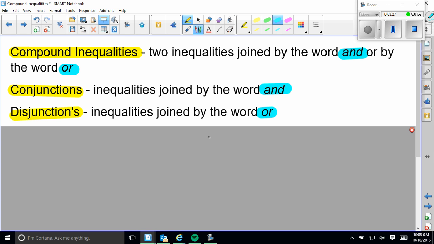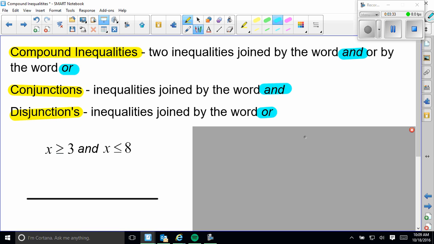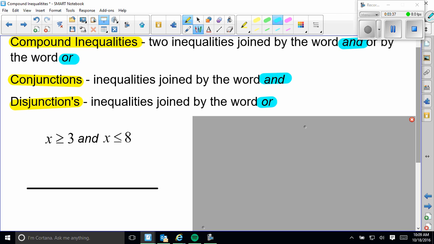So we're going to look at an example of this: x is greater than or equal to 3, and x is less than or equal to 8.